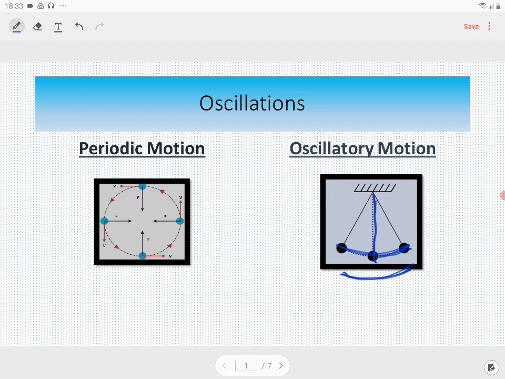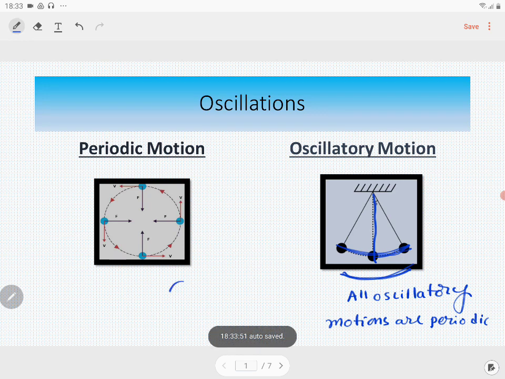Children, by default, all oscillatory motions are periodic. But all periodic motions are not oscillatory. For example, the revolution of planets around the sun is not oscillatory. The earth will not be revolving to and fro.